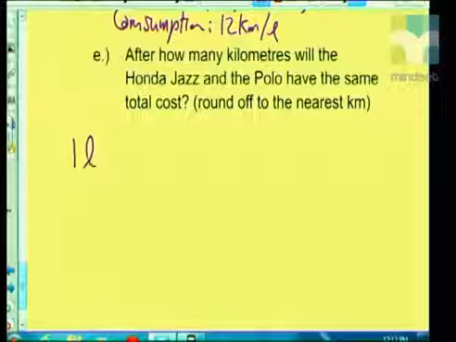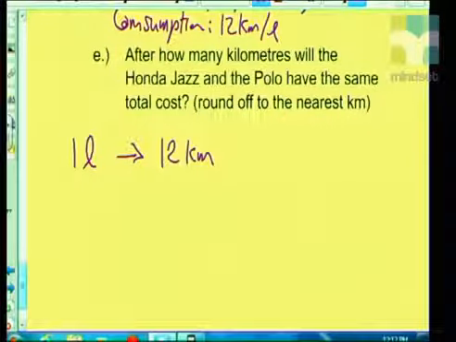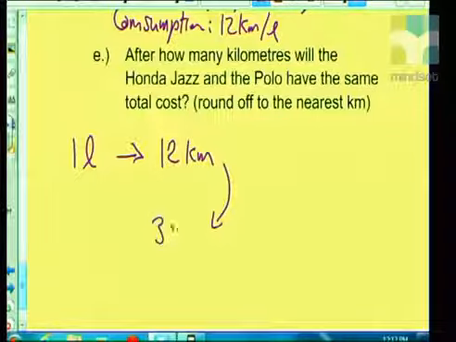Now, there are different ways of doing this. We could say, let's just get some space so that we can do it in a particular way, and then we'll do a short way. We'll say 1 litre is equivalent to 12 kilometers. What we don't want is 12 kilometers, we want 30,000 kilometers.